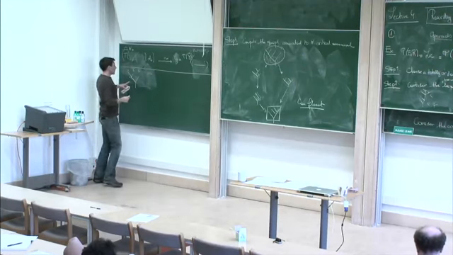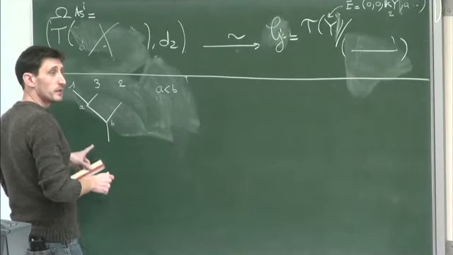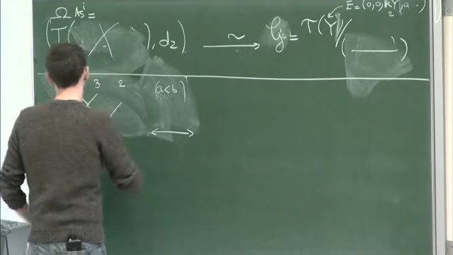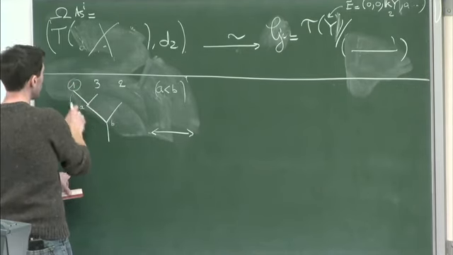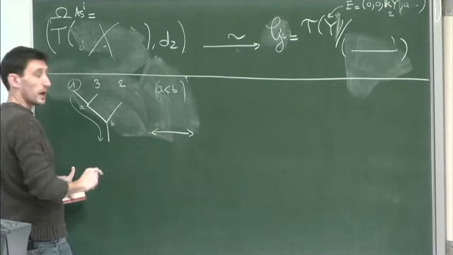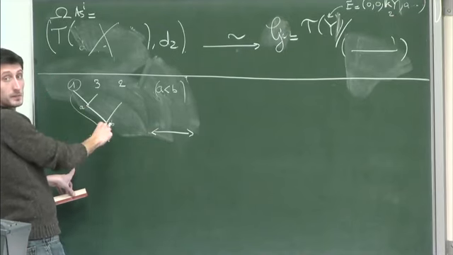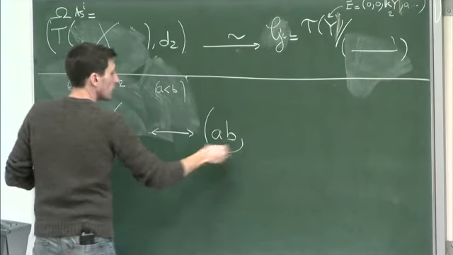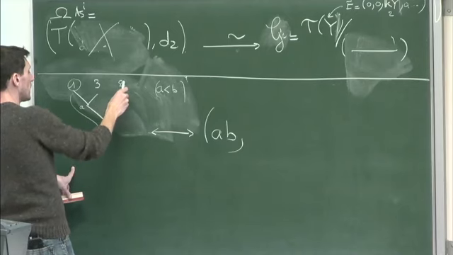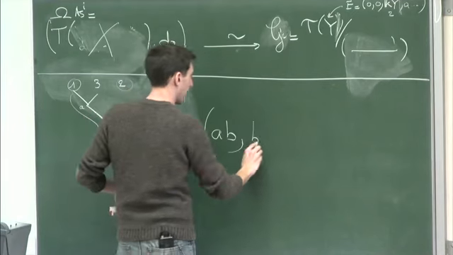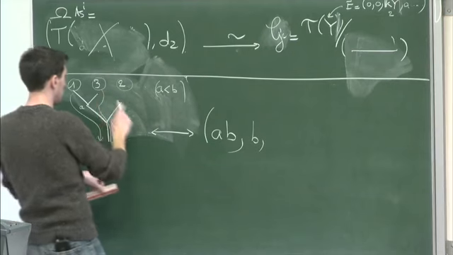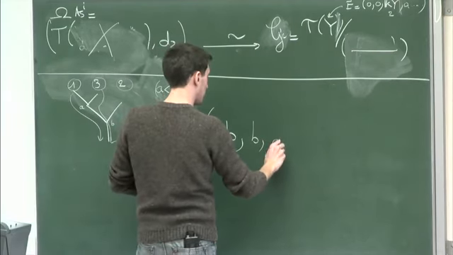So what can you do from that tree? How can you recover that tree? To that tree, you associate the following thing. You start from 1 and you read the tree from top to bottom, and then you get a word, which is AB. You read the tree from top to bottom, starting from 2, you get B. And starting from 3, you get AC.